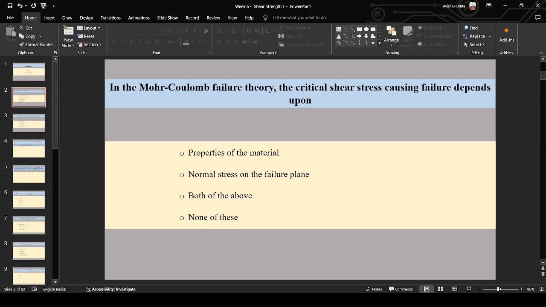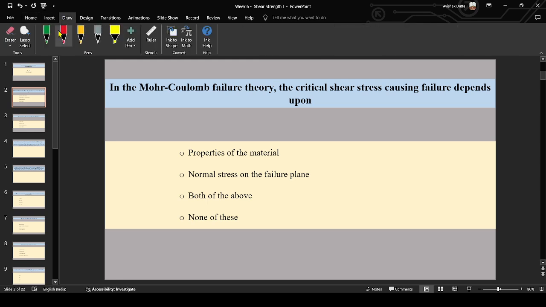The correct answer is, it depends upon both properties of the material and normal stress on the failure plane, because tau equals C plus sigma tan phi. So C and phi are the material properties and sigma is the normal stress on the failure plane. So the answer is both properties of material and normal stress, both of the above.